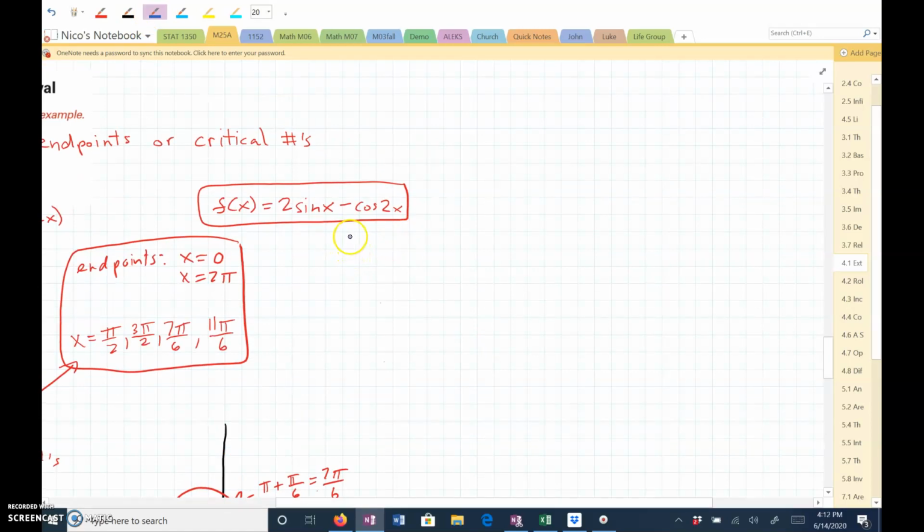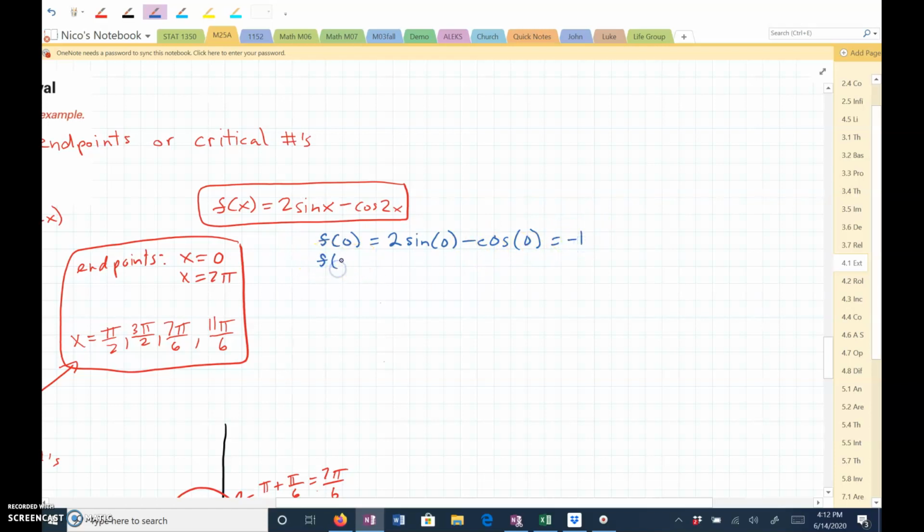So let's do f of 0 equals 2 times sine of 0 minus cosine of 2 times 0, which is 0. We know sine of 0 is 0, and cosine of 0 is 1, but we have a negative here, so this will be negative 1.